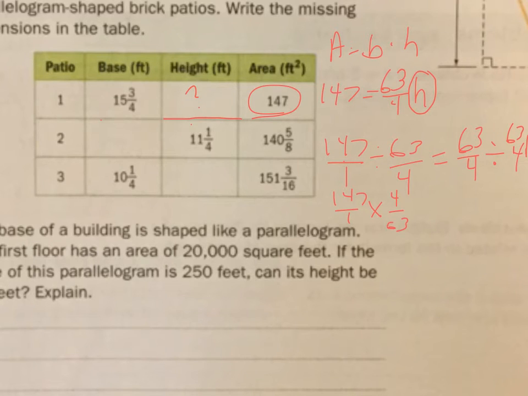So 147 times 4 equals 588, and 1 times 63 is 63. So 588 over 63 equals, now I'm going to come up here and do this one. So I keep the 63 over the 4, I change that to multiplication, and I change this to 4 over 63.